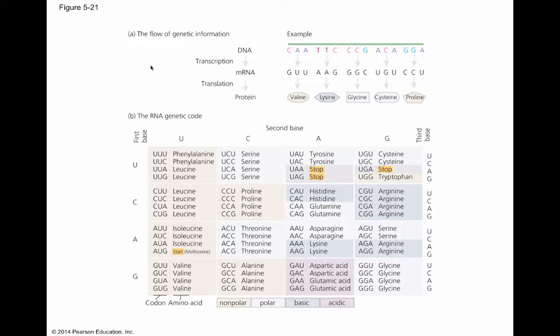The other thing worth noting is that this is a degenerate code. You see that there are multiple ways to get a leucine, an isoleucine, a serine, etc. This means that mutations particularly in the 3rd base pair, and in a few cases in the 2nd base pair, will cause no change in the amino acid.